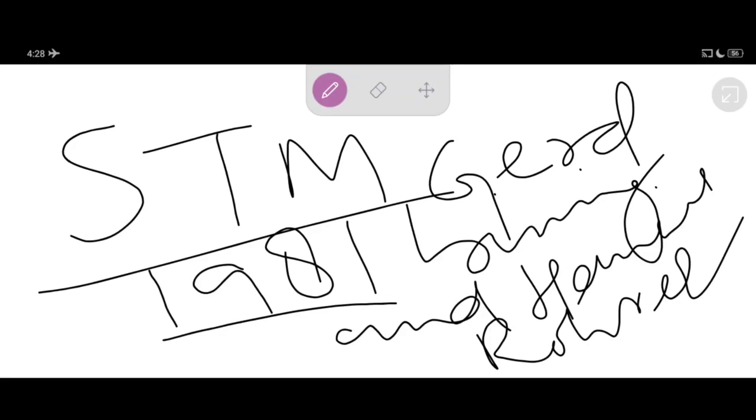So if somebody asks you what this STM is: STM is the scanning tunneling microscope, an instrument for imaging surfaces at the atomic level. It was developed in 1981 by these two physicists, Gerd Binnig and Heinrich Rohrer, and in 1986 they got the Nobel Prize for this discovery.